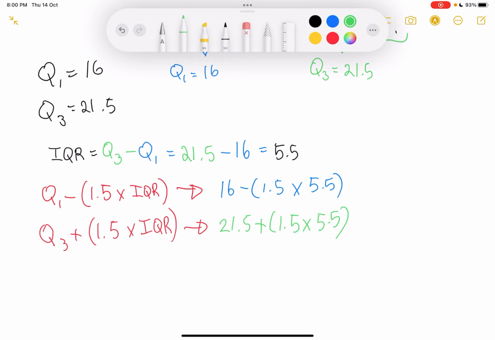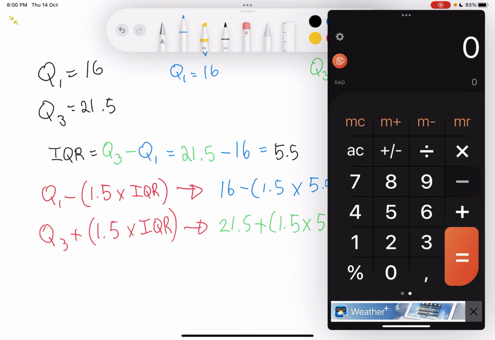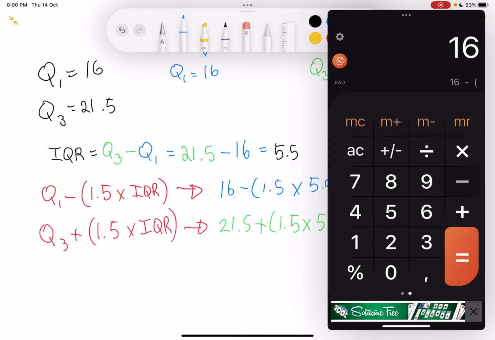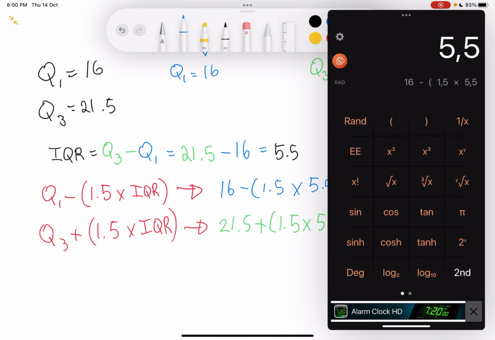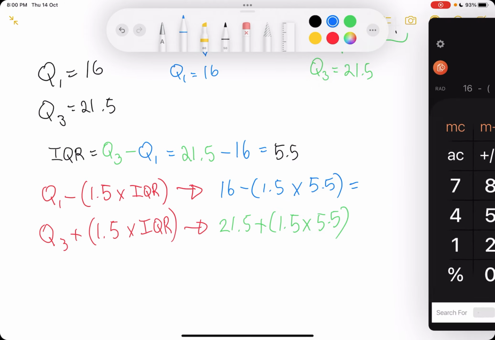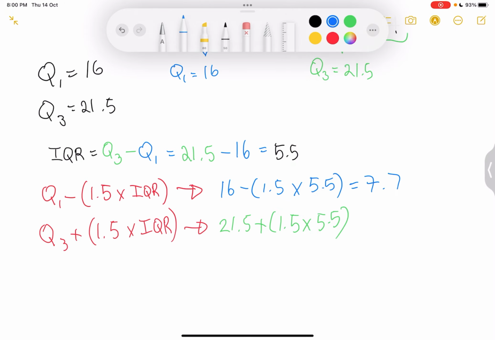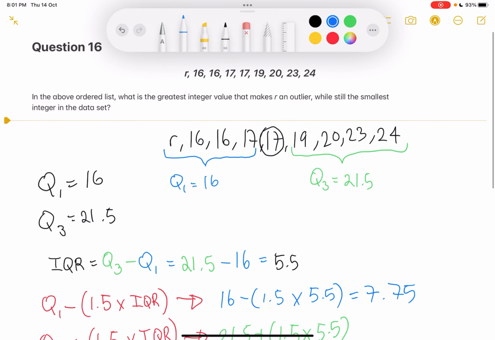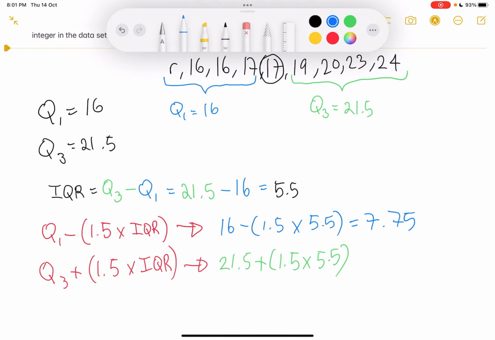So let us just calculate these two real quick. Out the calculator again. 16 minus parentheses 1.5 times 5.5, close the parentheses. We get 7.75. And for this question specifically, since we're trying to find the smallest integer, we only have to use the lower boundary.